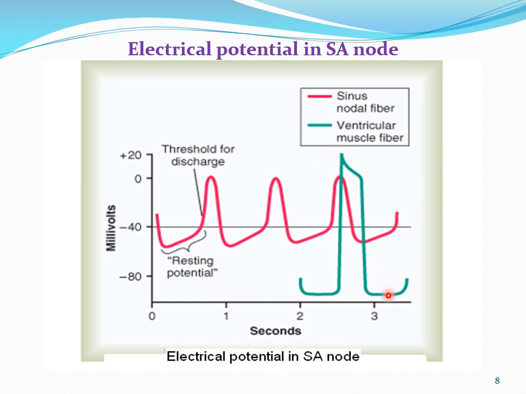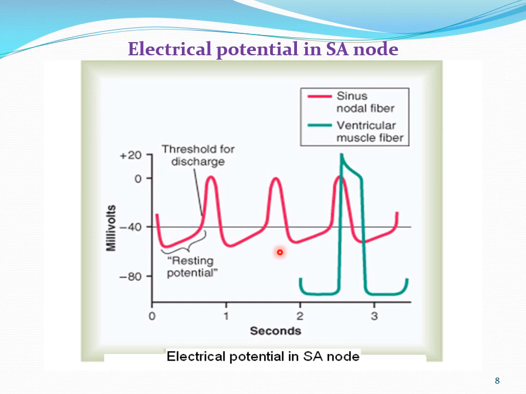So students, this is the property called autorhythmicity. What is autorhythmicity? It means the impulse is generated automatically and rhythmically from the SA nodal fiber. So you should know this mechanism.